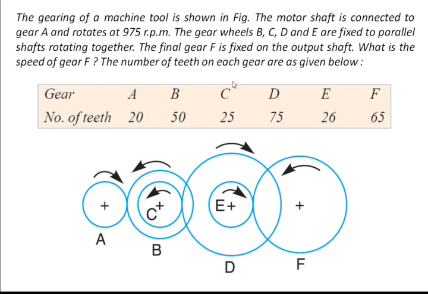So this is the number of teeth on each gear: A, B, C, D, E, F. A is the input gear, F is the output gear, B and C are compound gears. Similarly, D and E are compound gears. A is engaging with B, C is engaging with D and E is engaging with F. That is the diagram given with the problem.